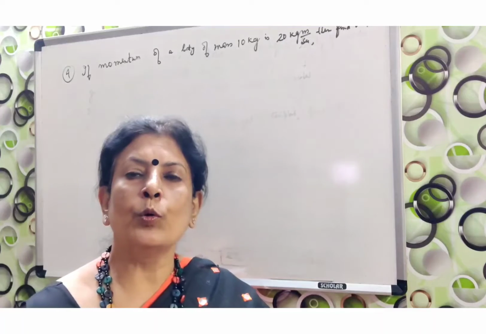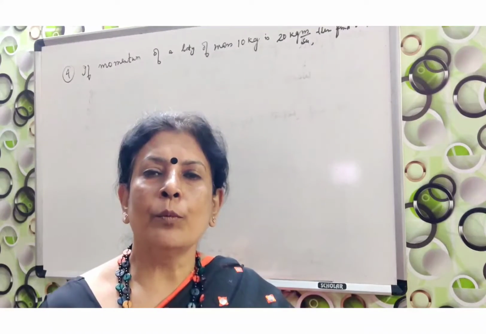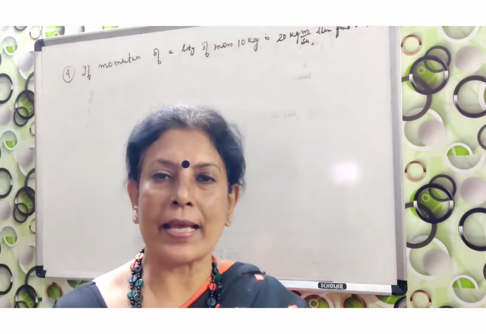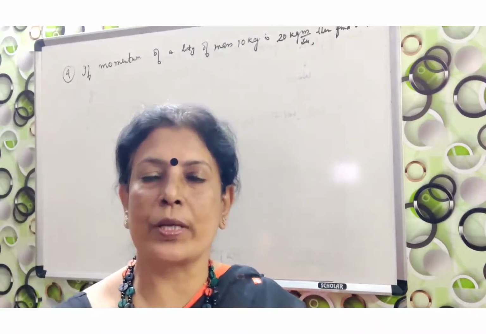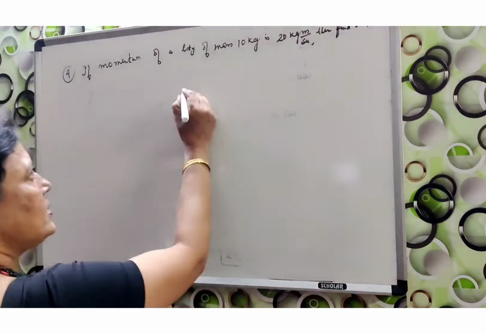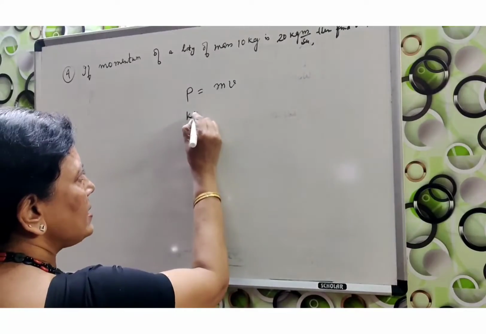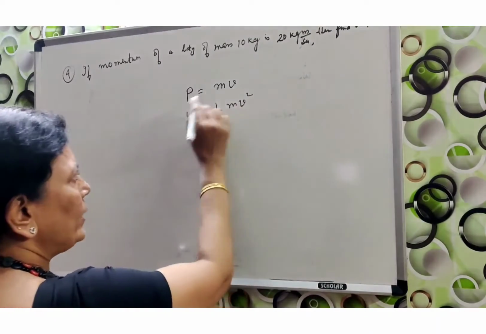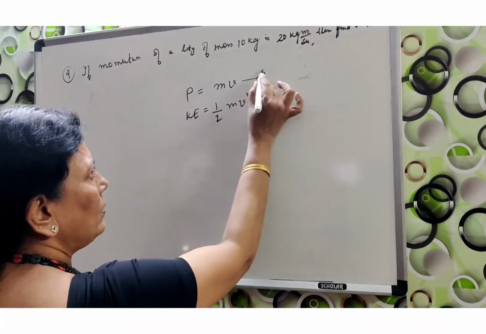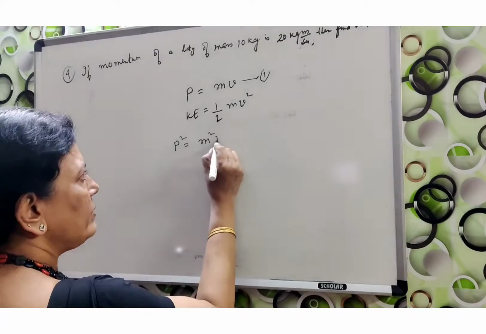Now we have to know the relation between momentum and kinetic energy. We know momentum is the product of mass and velocity, whereas kinetic energy is half mv square. So let's start. Since P is equal to m into v and kinetic energy is equal to half mv square, squaring equation 1, we get P square is equal to m square v square.